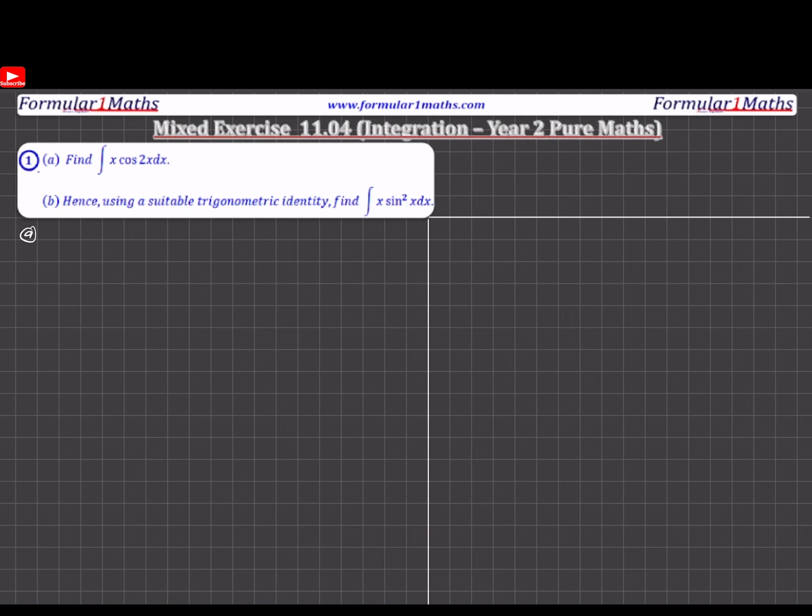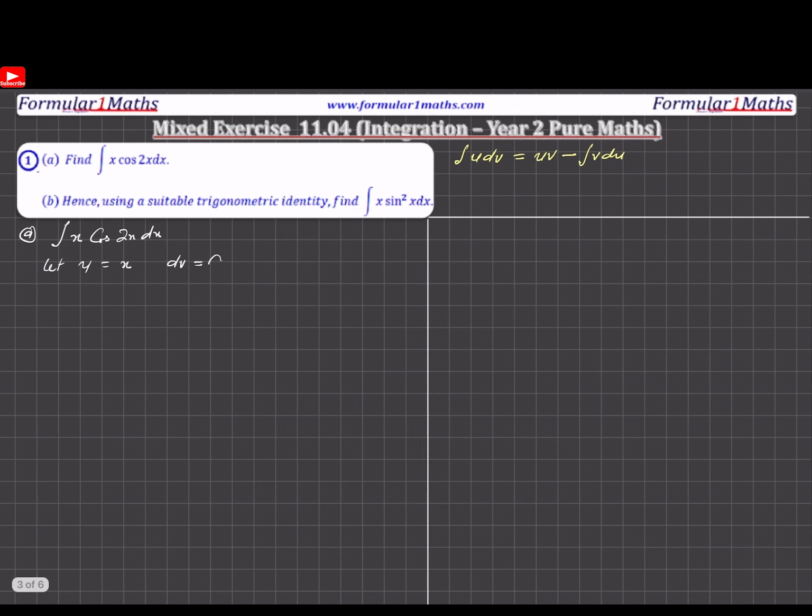So for A, we're going to use integration by parts. The formula for integration by parts is given by the integral of u dv equals uv minus the integral of v du. So for this one, x cos 2x dx, let u equal x, and therefore dv will equal cos 2x dx.